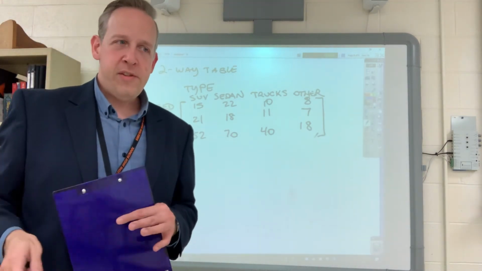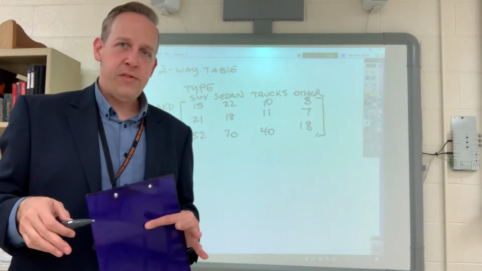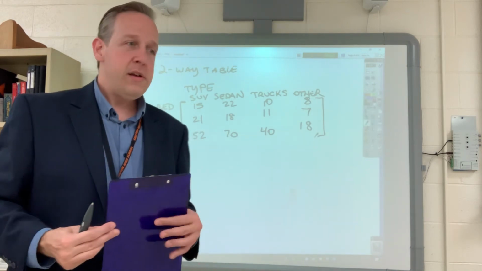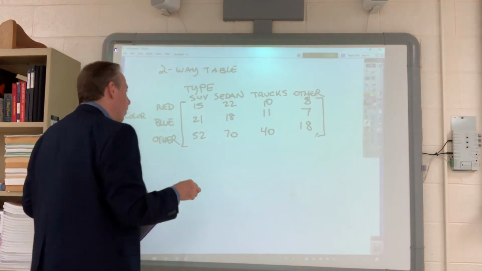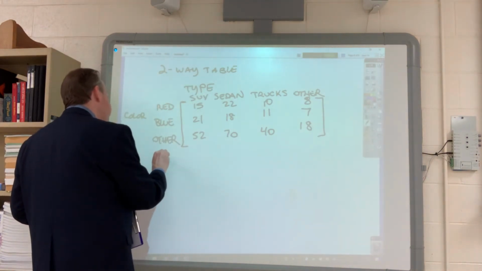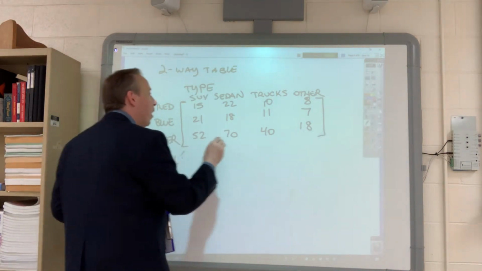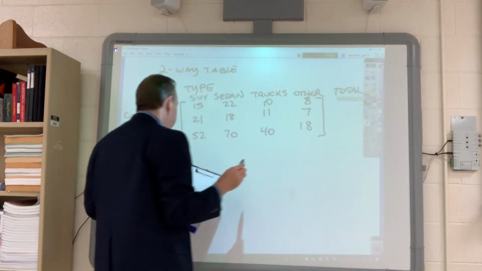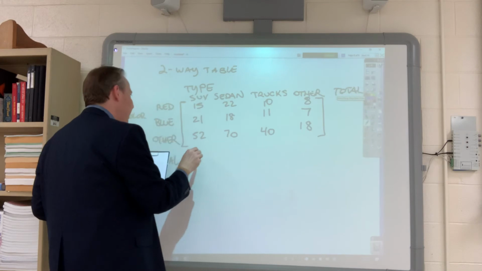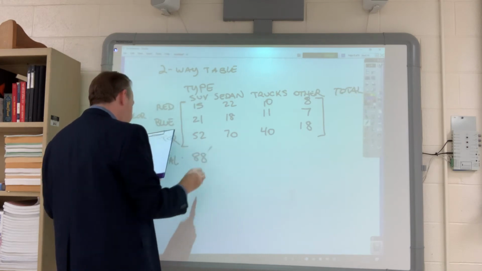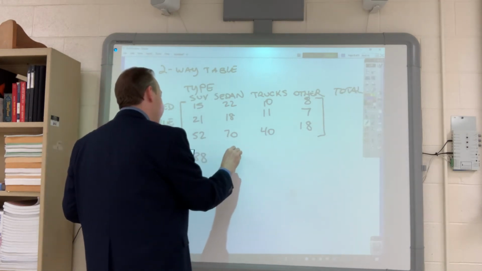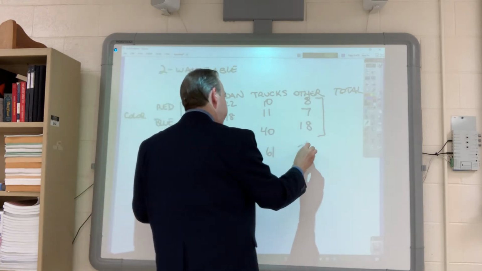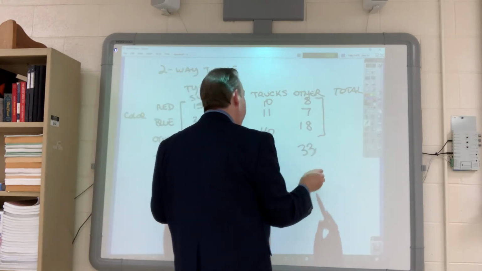The natural instinct when you look at this kind of data is hopefully to find out the totals. So we're going to add both vertically and horizontally to find the totals for all color groups and also for all types of cars broken down by color. And we found that we counted 88 SUVs, 110 sedans, 61 trucks, 33 that were other, some variety.